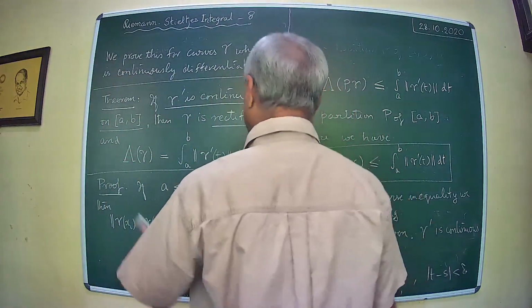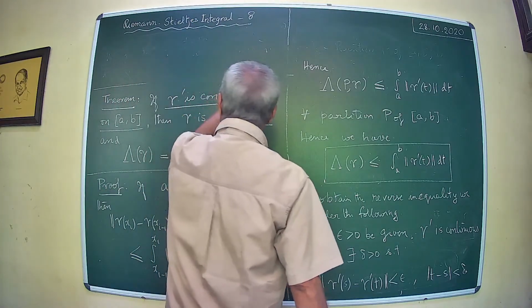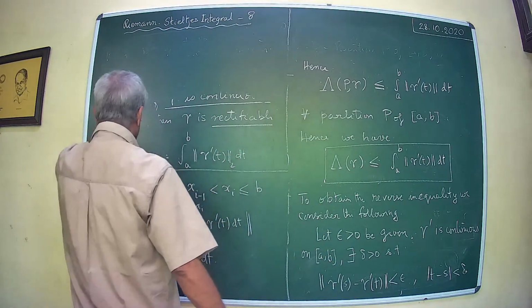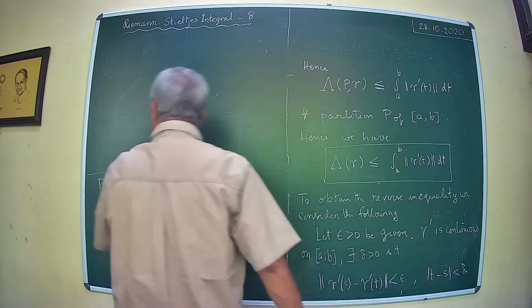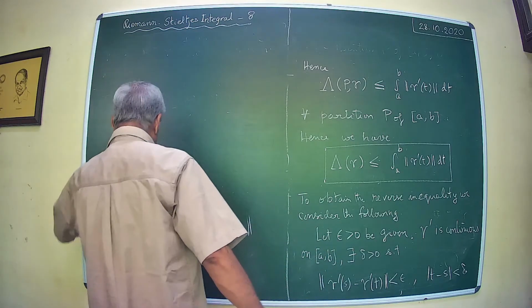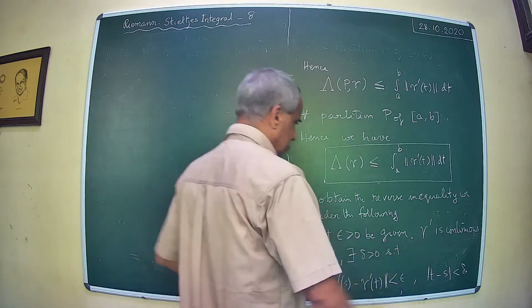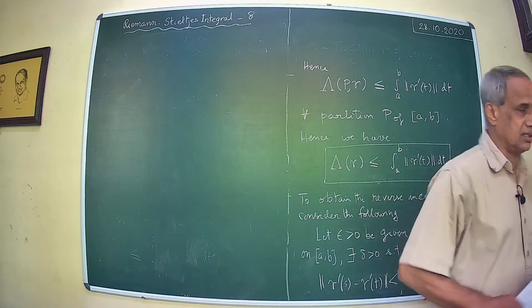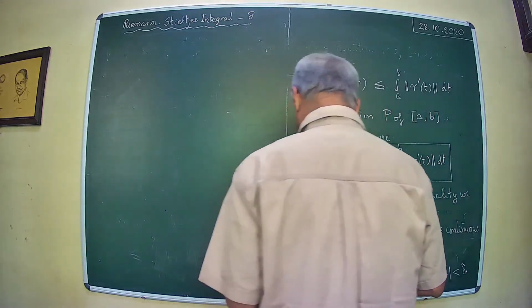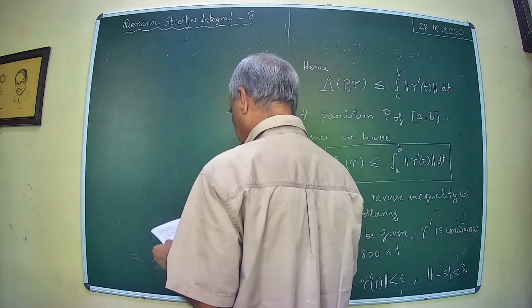So this is what you get. Okay, this is possible because gamma prime is assumed to be continuous. So this stands for this assumption: gamma prime exists, gamma prime is continuous.